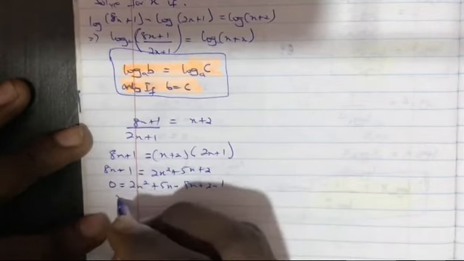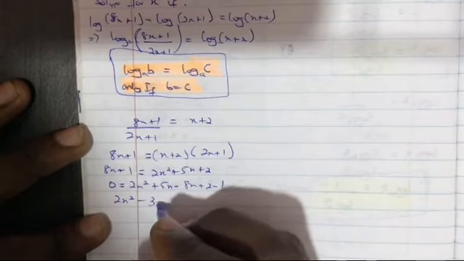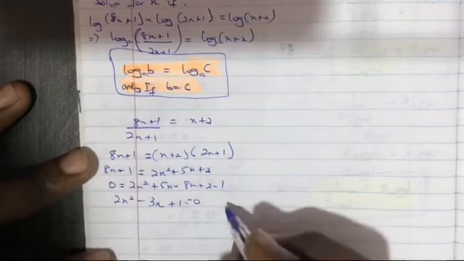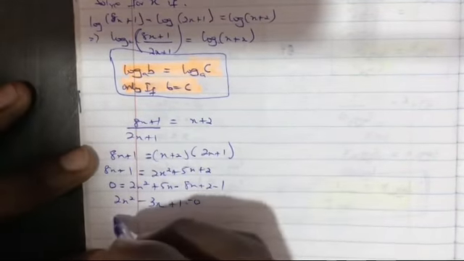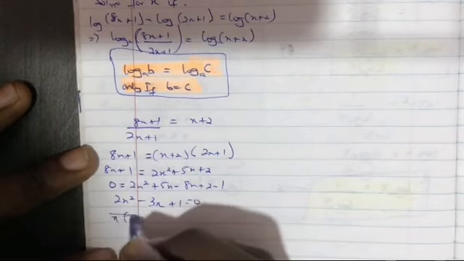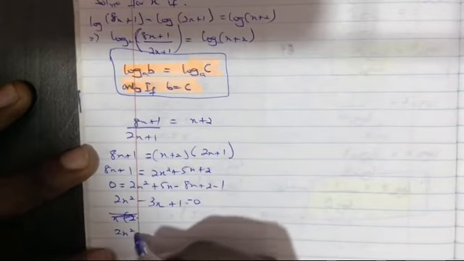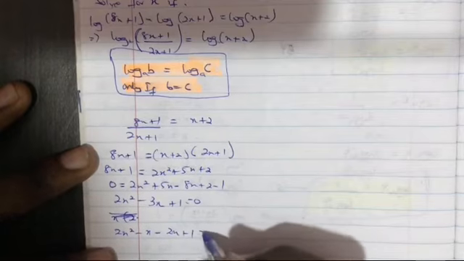This is the same as saying that 2x squared minus 3x plus 1 is equal to 0. Okay, so by factorization, this is a quadratic equation. This is the same as saying that 2x squared minus x minus 2x plus 1 is equal to 0.